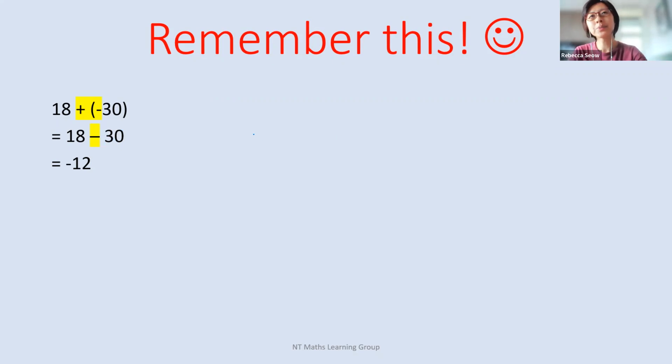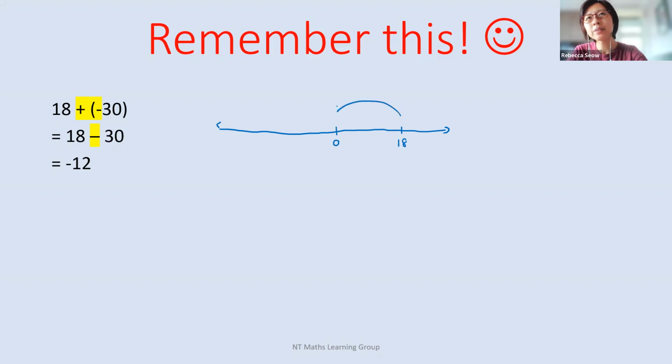If I were to draw a number line, and let's say this is my 0, this is my 18. If I want to take away 30, that means I've got to go backwards by 30.